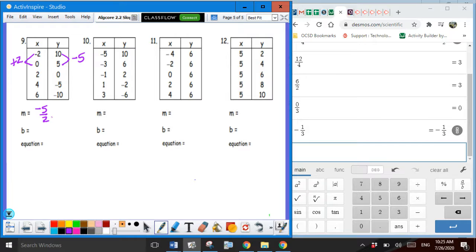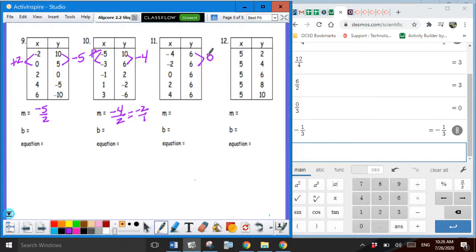Negative 5 over 2. Let's go ahead and find our slopes on all of these, and then we'll come back and find our intercepts. So 10 to 6, minus 4. Negative 5, negative 3, negative 1. That's going to be plus 2. So negative 4 over 2. And hopefully you realize that that is actually negative 2 over 1.